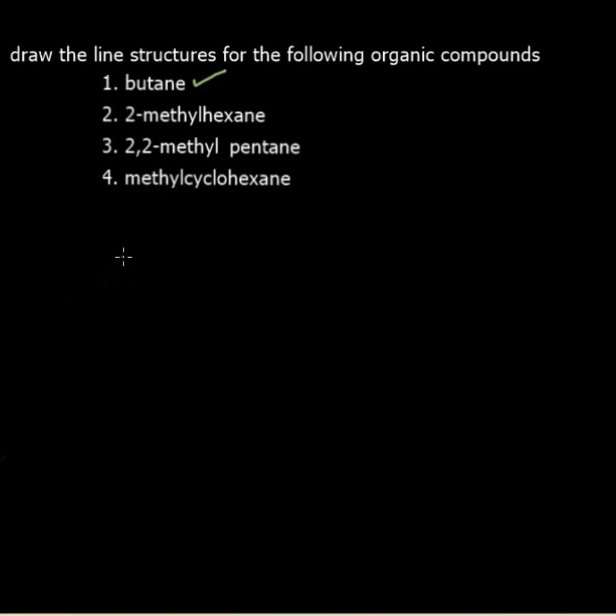For butane, you know that it has 4 carbon atoms. After you have drawn your structural formula for butane, you have to draw a skeletal formula. So this structure here will lead you to draw a skeletal formula.